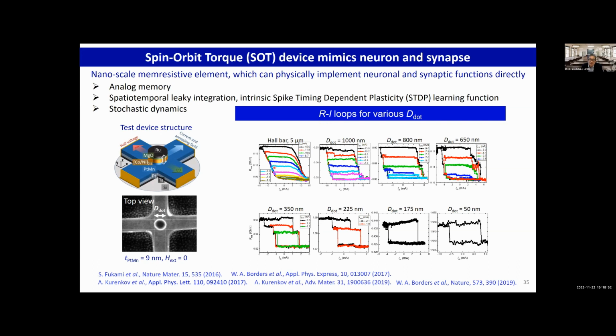You see the analog memory and some multi-level memory, and finally binary response. So maybe we can use this analog memory property to memorize the synaptic weight value, and we can use this binary response for the neuron fire or non-fire state. Okay, this is the functionality.